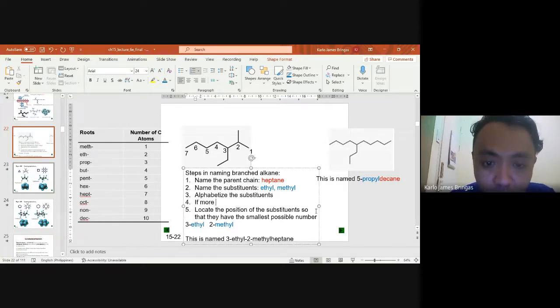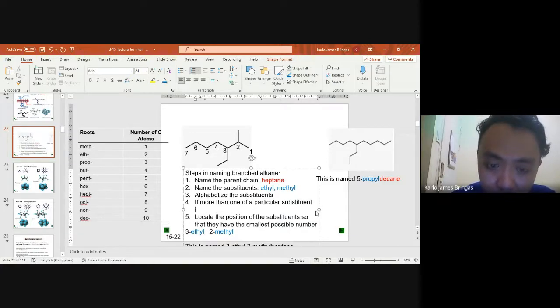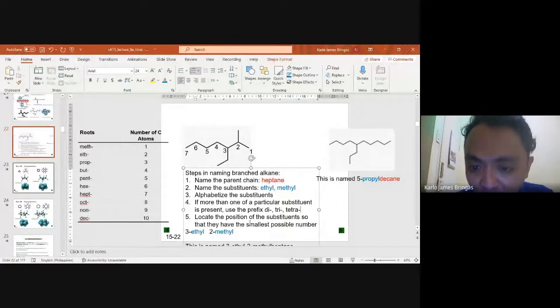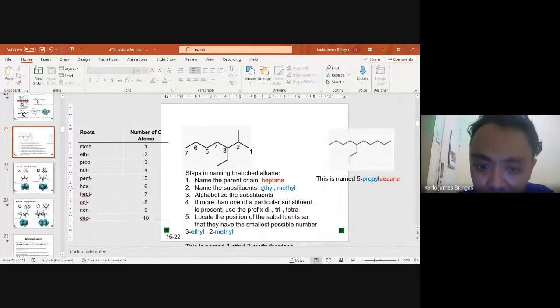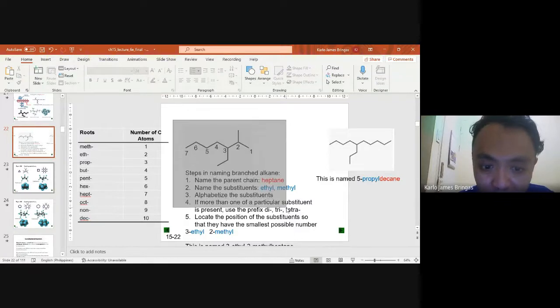So if more than one of a particular substituent is present, use the prefix di, meaning meron tayong dalawang substituent na same. Tri, meaning tatlo na siya. Or tetra, meaning there are now 4. So that is the additional na step that we can follow for this one.